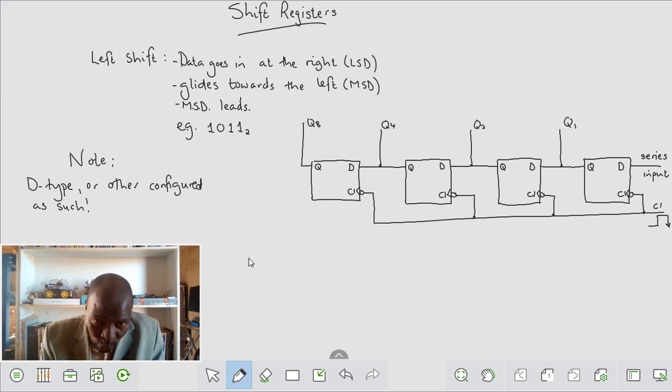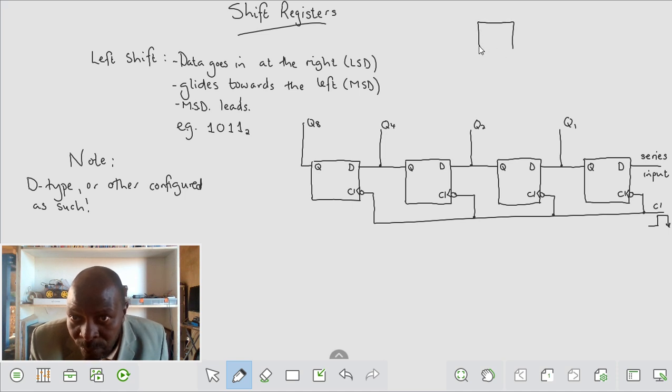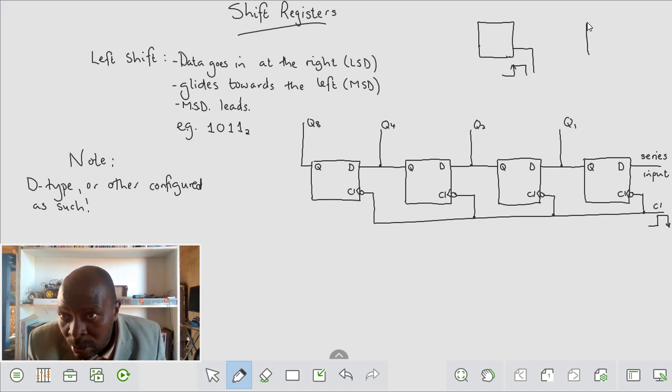Remember, one option, let me put it on the side so people don't forget. One option is for your clock to be like that, in which case we are using a D latch, and it's using leading edge. Or the clock can be, let me remind you that this is a clock, sent through this here.